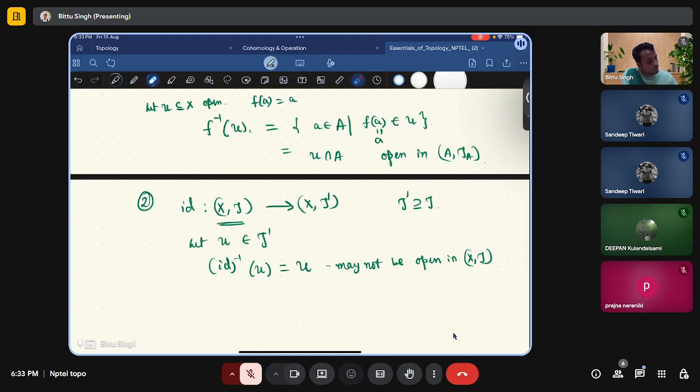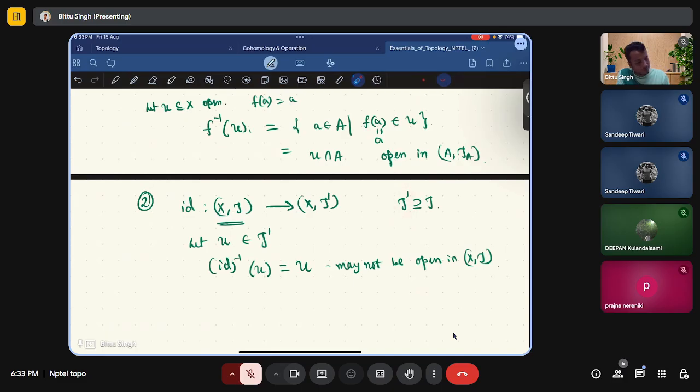So this is continuous if there is equality. Otherwise, if tau dash is strictly finer, then this is not continuous. Strictly finer means there is some open set belonging to tau dash which does not belong to tau. There is strictly more open sets in tau dash.